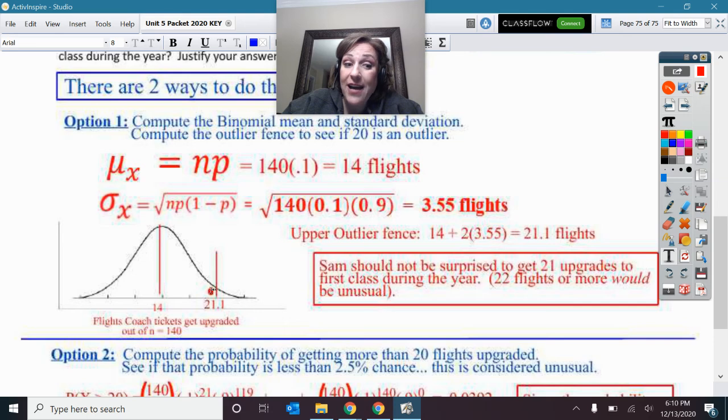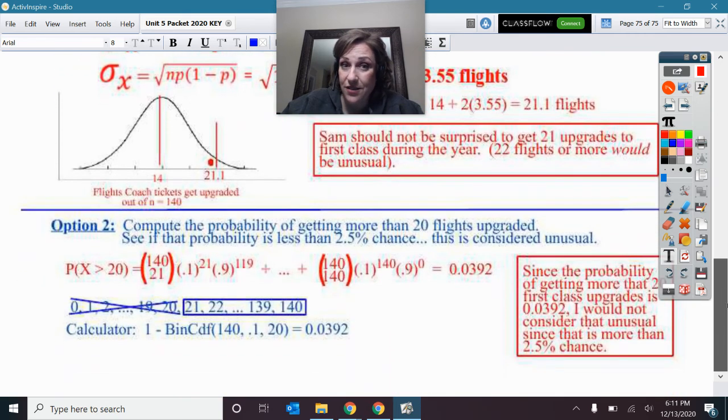So you have to recognize that 21 is not unusual. So that was important that you said 21 is not unusual. Now, you did or did not have to say 22 or more would be. Okay? Because if you're going to infinity, you're going to reach a point that is unusual. But the point is 21 is not unusual.